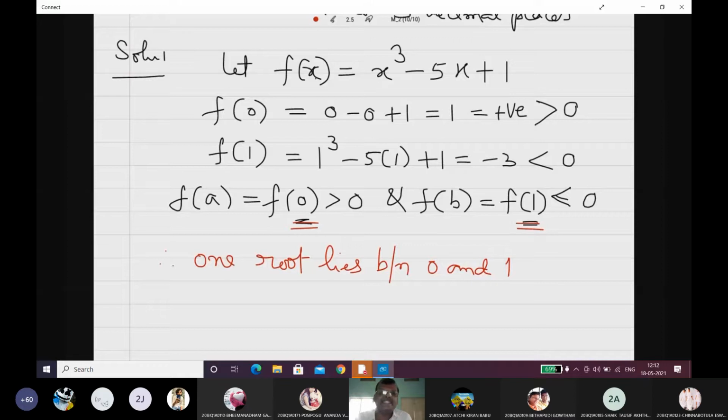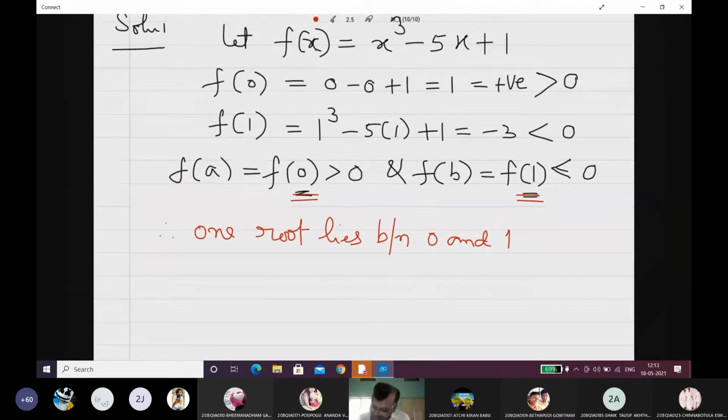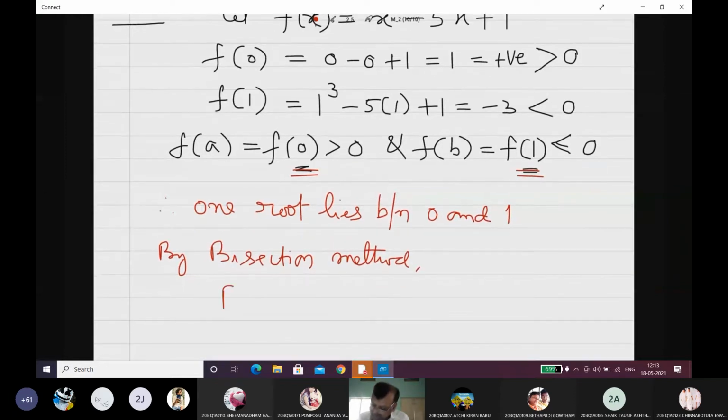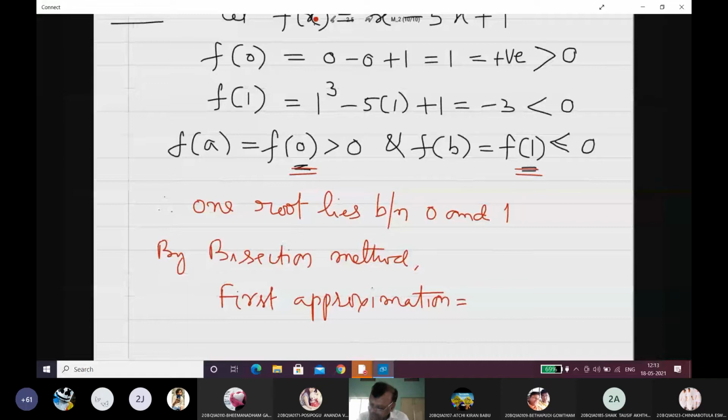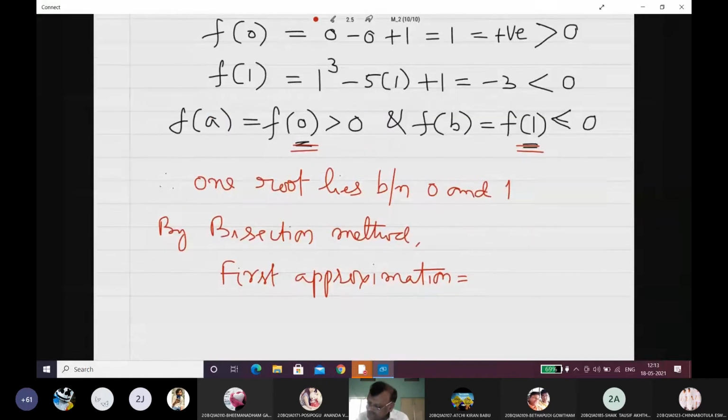Now, by bisection method, first approximation is x1 is equal to, what is the formula? x1 is equal to a plus b by 2.